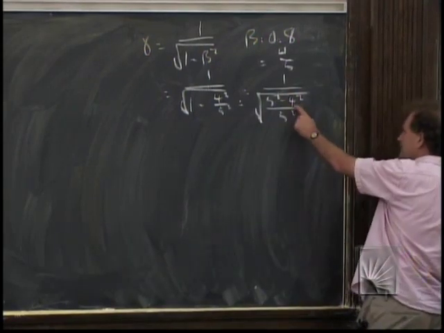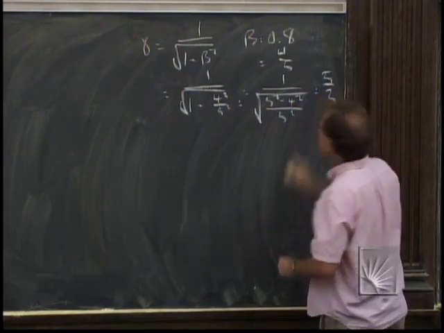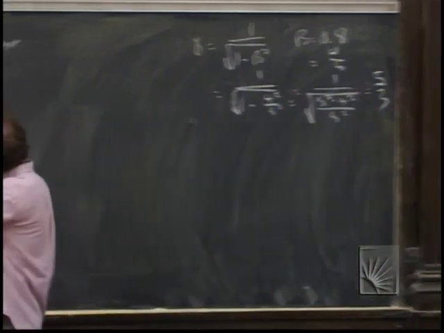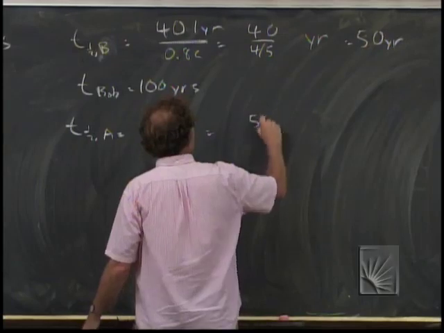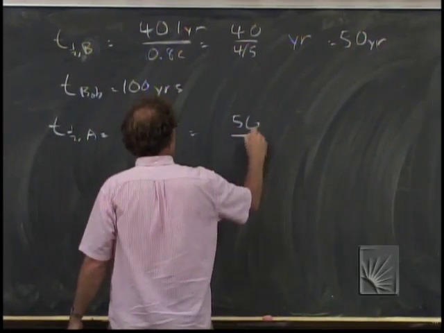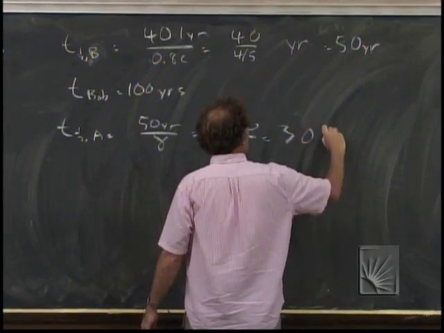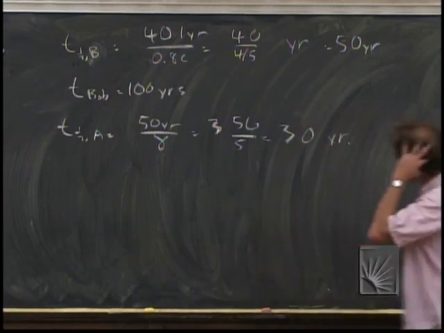So that's 25 minus 16 is 9, which is 3 squared. So all of this is 5/3. That's why I picked it. So 50 years over gamma is to multiply it by 3 over 5. 5 cancels the 50 and you get 10, so that's 30 years.